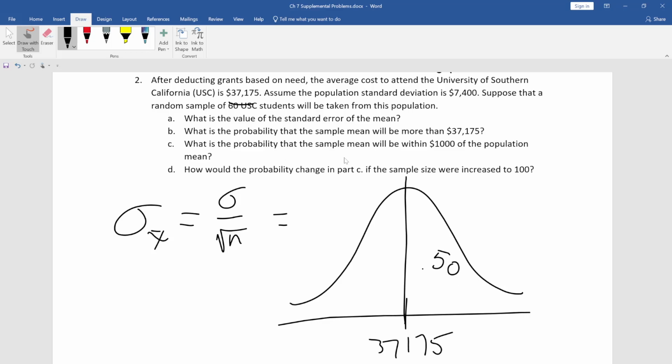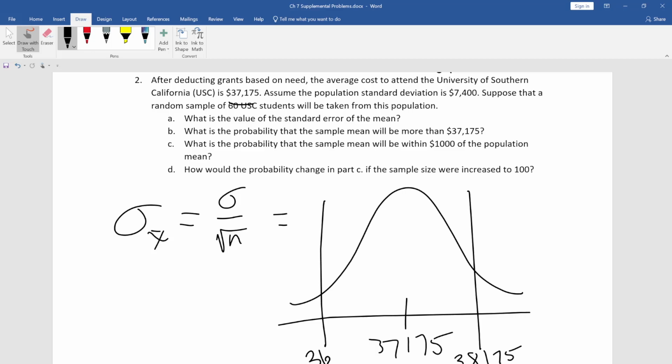C, what is the probability that the sample mean will be within 1,000 of the population mean? Okay, so 1,000 above the population mean is 38,175. 1,000 below the population mean is 36,175. We're going to find the probability in the center.